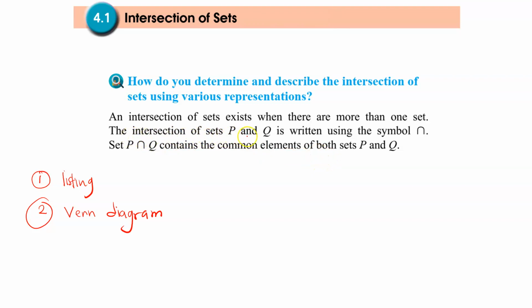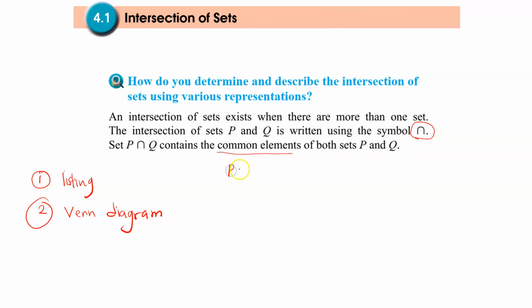The intersection of set P and Q is written using this symbol. It looks like an upside-down N but without the legs. So, set P intersect Q contains the common elements of both sets P and Q. Okay, let's do an example.